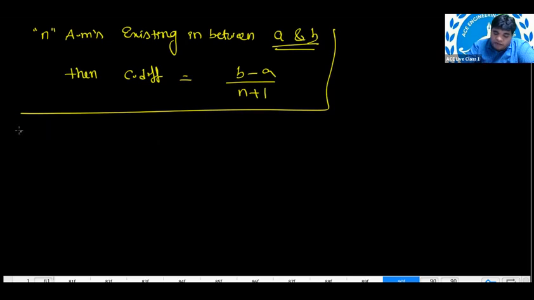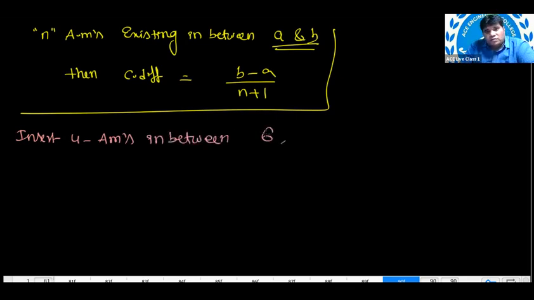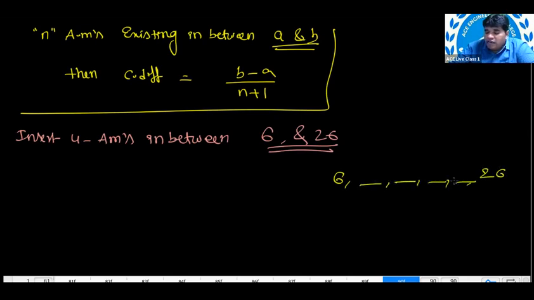Example: insert 4 arithmetic means in between 6 and 26. I need 4 values between 6 and 26: 1, 2, 3, and 4.